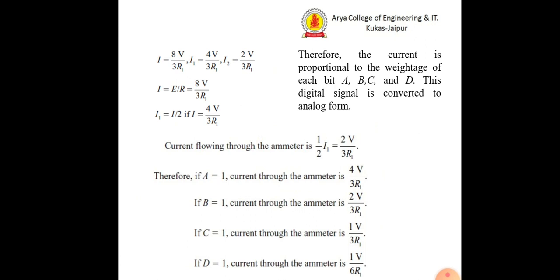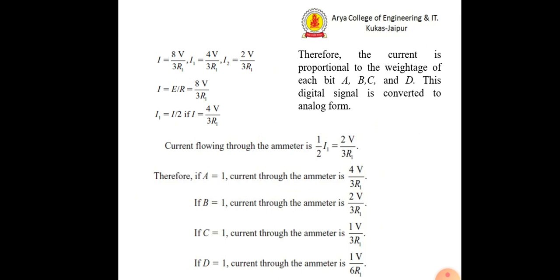Now we take one more example. If A equals 1, the current to the ammeter is 4 volt upon 3R1. If B is 1, the current will be 2 volt upon 3R1. If C equals 1, the current through the emitter will be 1 volt upon 3R1.